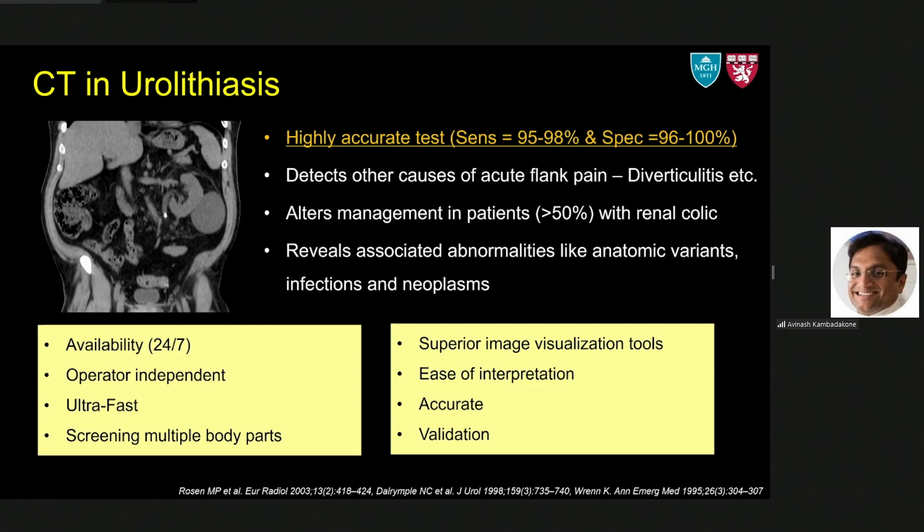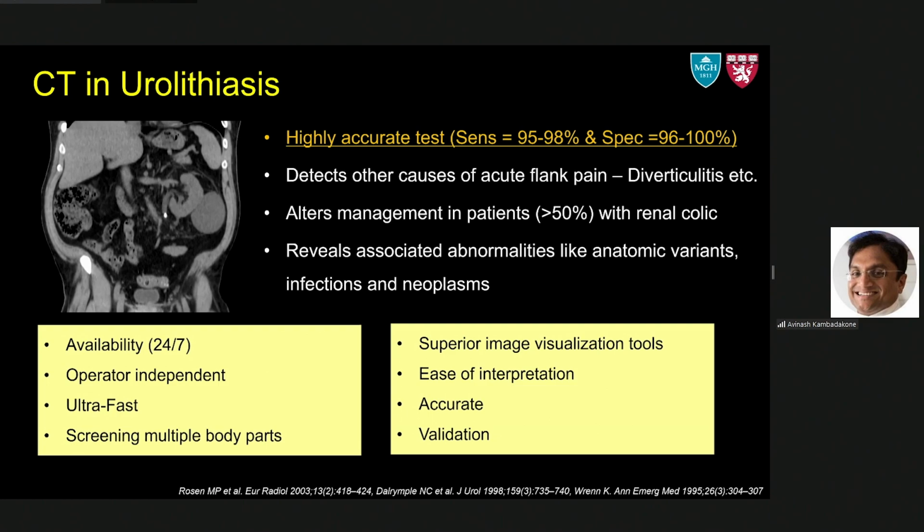It not only allows detection of calculi, but it also allows detection of other abnormalities like anatomic variants, infections, and neoplasms, which can have impact on patient management. It's been shown in studies that identification of urethral stones at imaging alters management in nearly 55 to 60% of patients who are suspected to have acute renal colic.